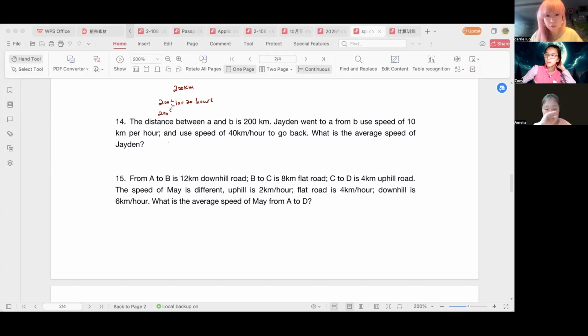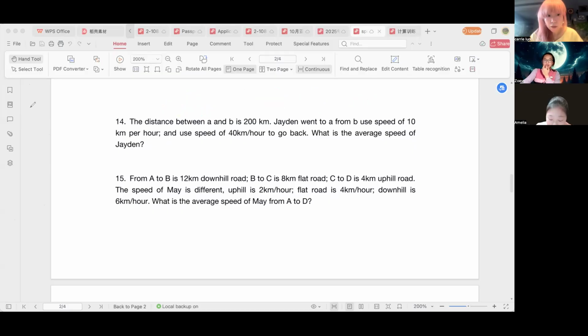So it's 200 divided by 40, which is 5 hours, right? So what is the average speed? 400 total distance divided by 20 plus 5 equals 400 divided by 25. Correct? So the answer is 16 kilometers per hour. Good job, Amelia. You got it right. Zoe, did you get it?